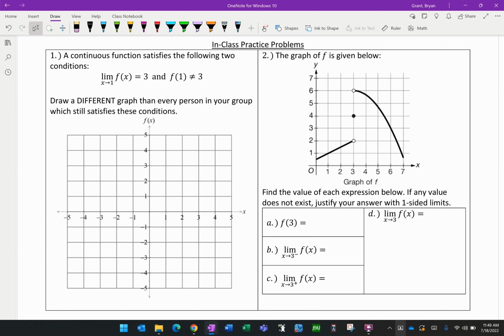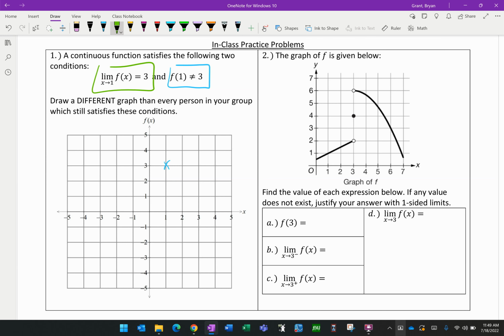All right. Well, this one says a continuous function satisfies the following 2 conditions. I think there's probably a typo there, but let's see what we can do. So they told us that f of 1 cannot be 3. So whatever it is, f of 1 cannot be 3. There can't be a point there. But they did tell us that the limit as x approaches 1 of f of x is 3.